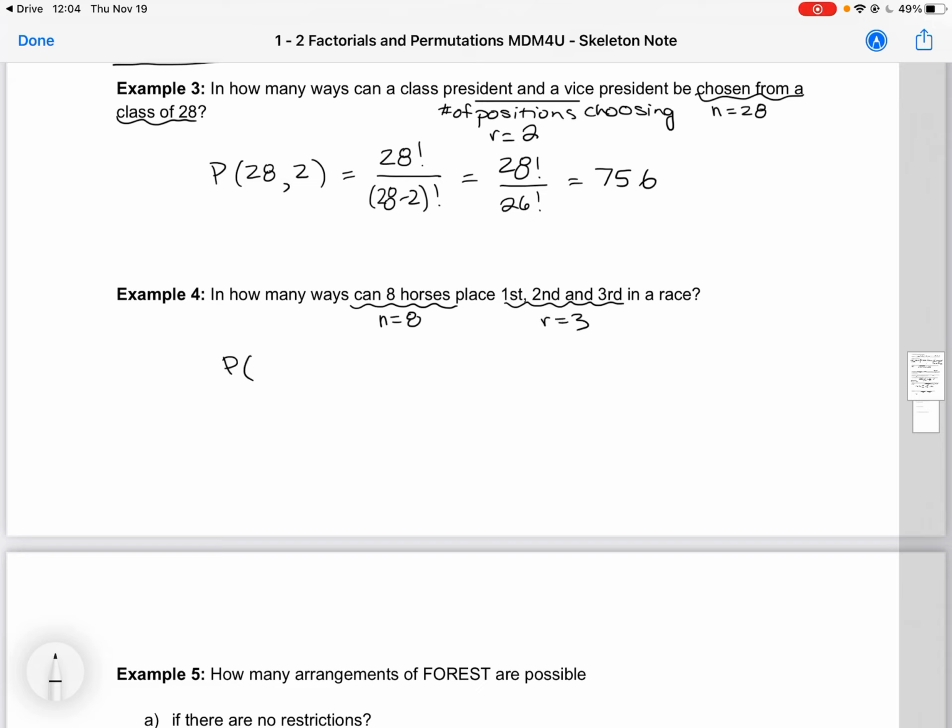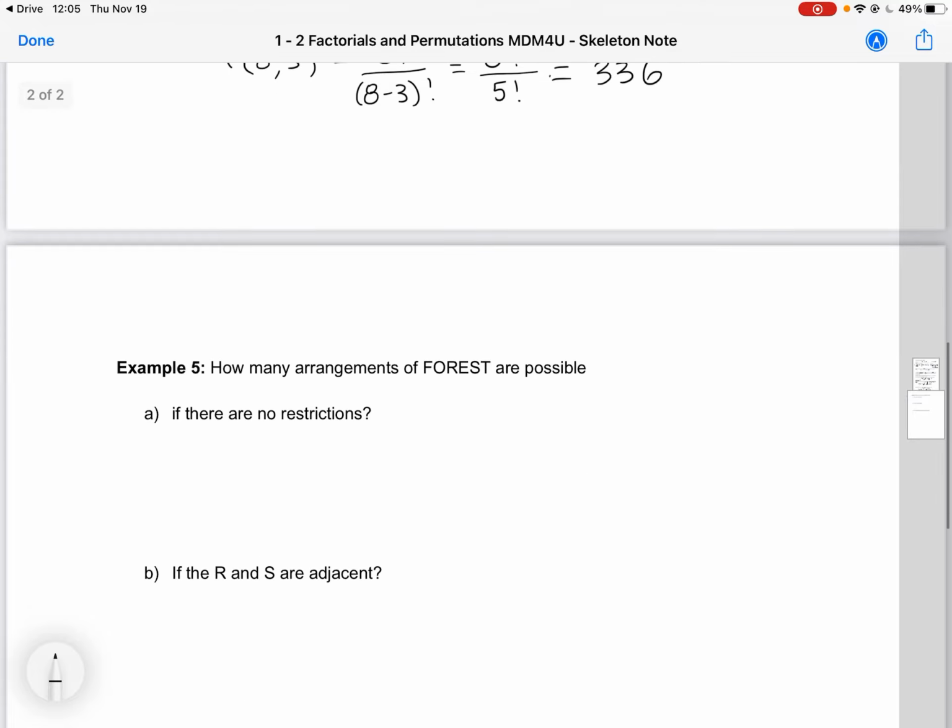So my number of permutations would be N, R, and I would have 8 factorial over 8 minus 3 factorial, which is 8 factorial over 5 factorial, which is going to give me 336 different ways 8 horses can place first, second, and third in a race.